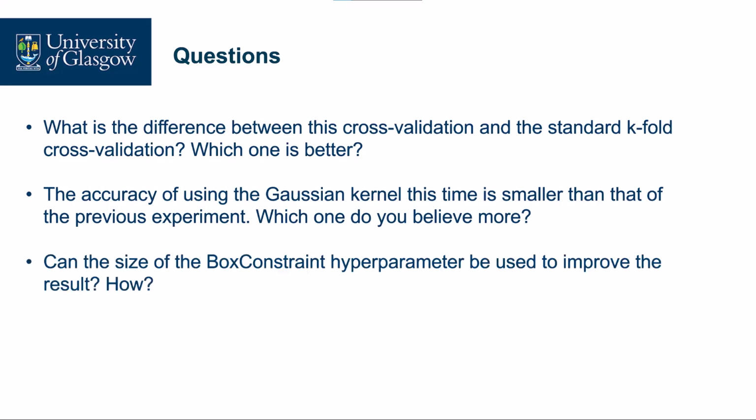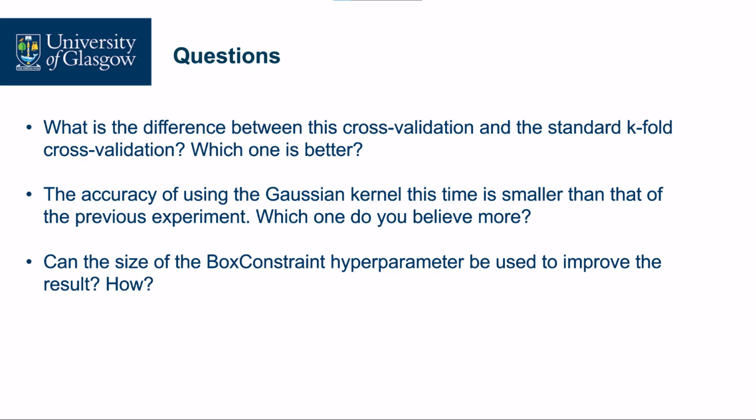Third question: can we use the size of the box constraint, right? This is a hyperparameter to trade off the margin and the misclassification. Previously we talked about the soft margin classifier in the linear case, where we allow some misclassifications.